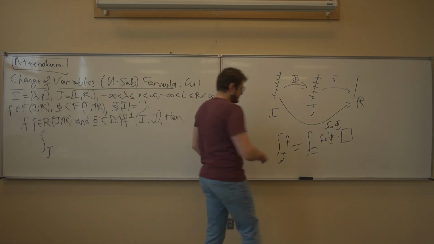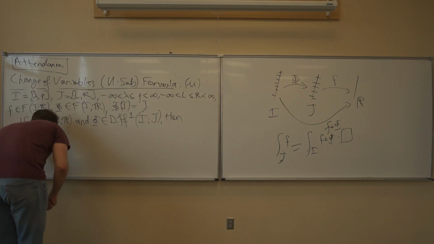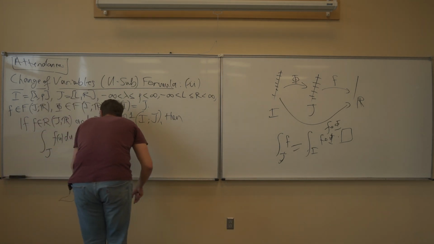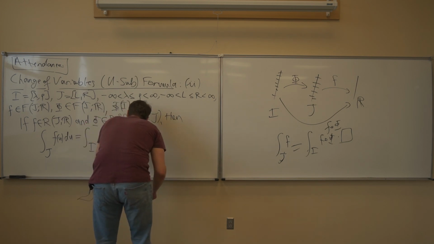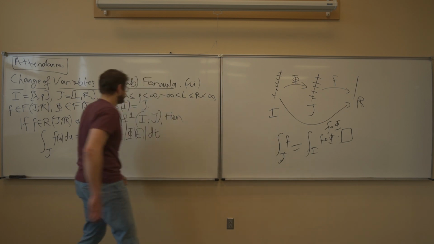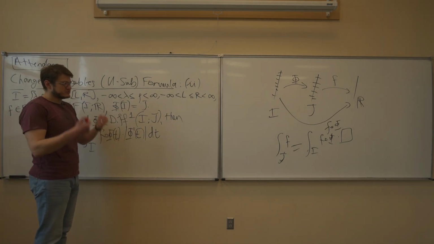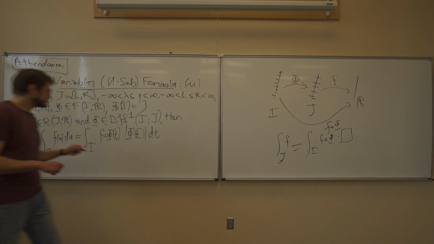The integral of f(u) du is the integral of f composed with phi times the absolute value of phi prime, dt. That was the statement. And this right here is the distortion factor, the distortion caused by phi.